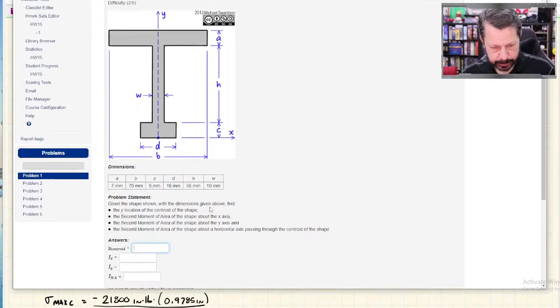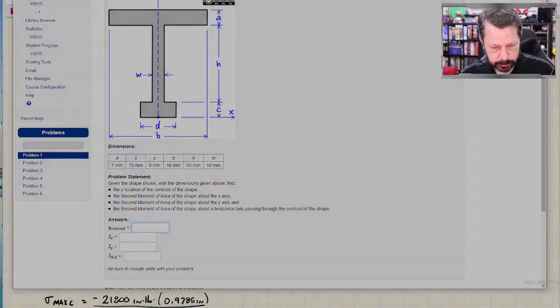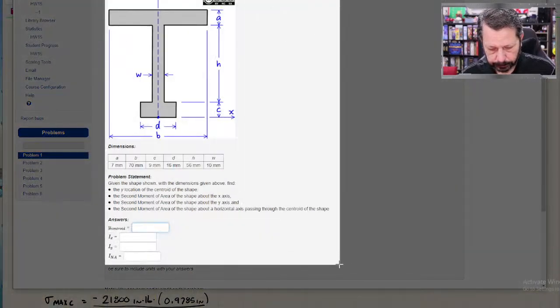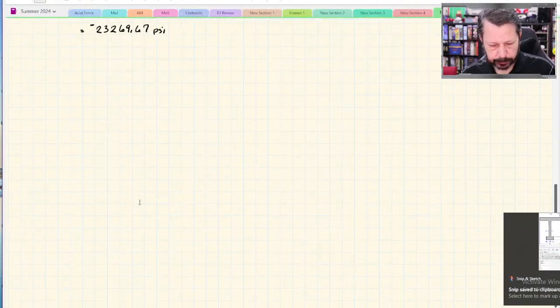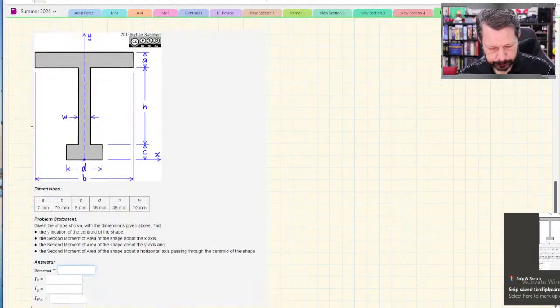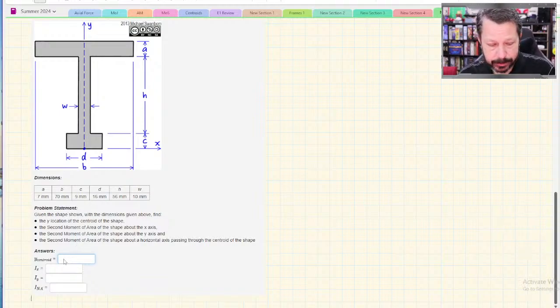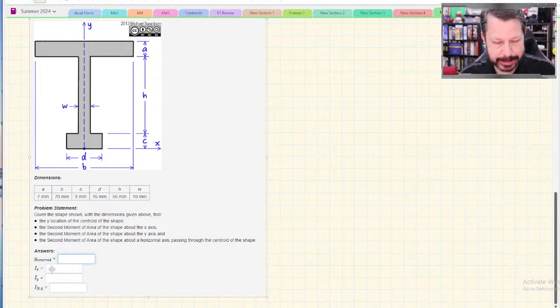Let's see if I can get all of this copied. All right, so the very first thing we'd have to do, actually, we wouldn't need this for parts B and C, because I wasn't going to do the centroid one.